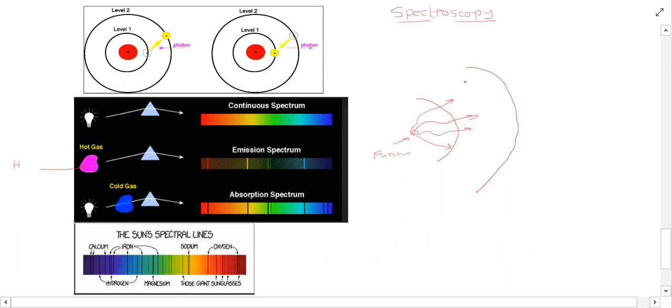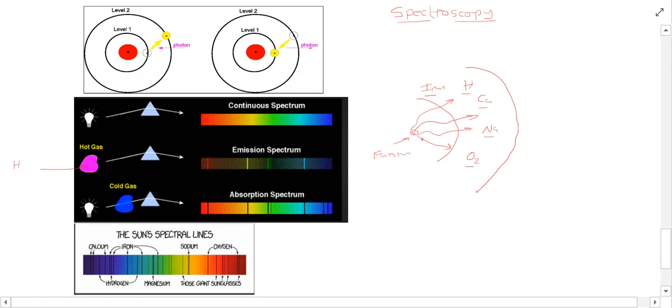So you could have hydrogen, sodium (Na), oxygen, iron, calcium (Ca), and all of these elements present.